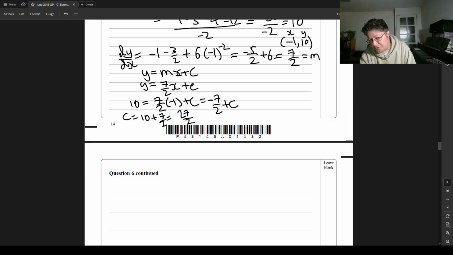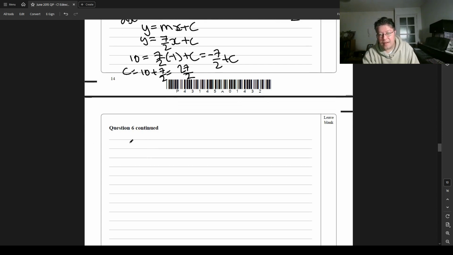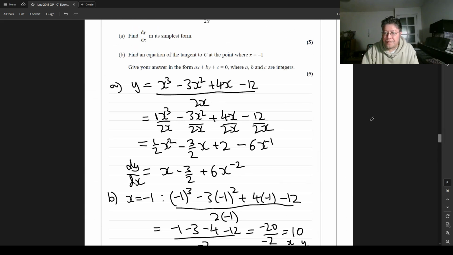So we're now ready to get the equation. I've got room down here actually. We now know c is 27 over 2. Let's just plug that in. So y equals 7 over 2 x plus 27 over 2. And we want to get it in the following form: ax plus by plus c equals 0, where a, b and c are integers.